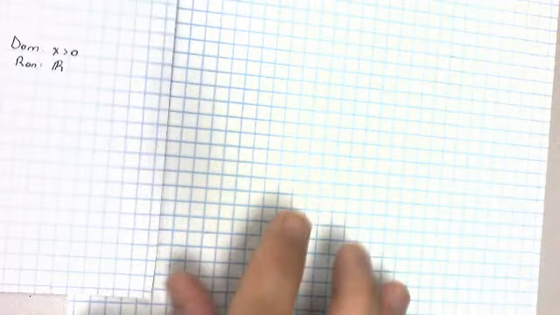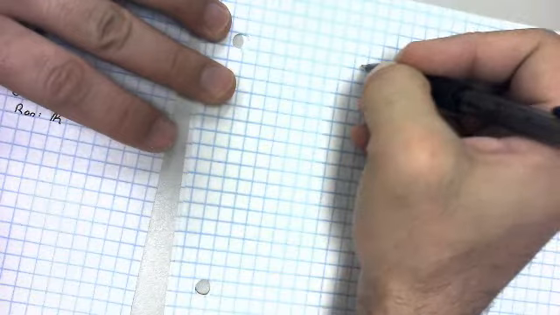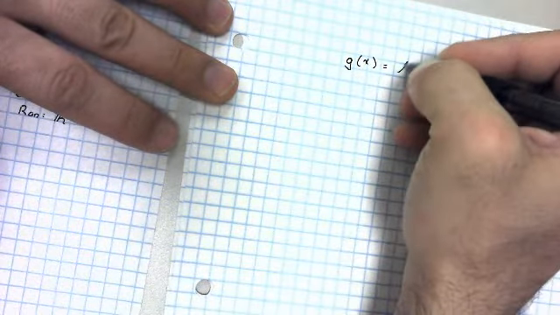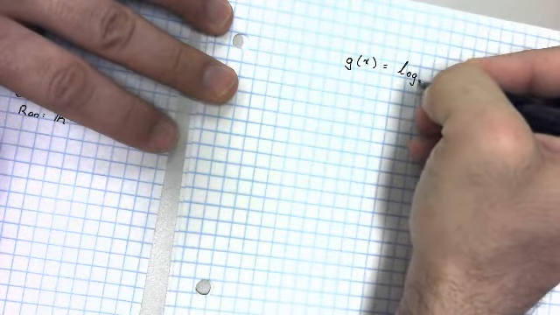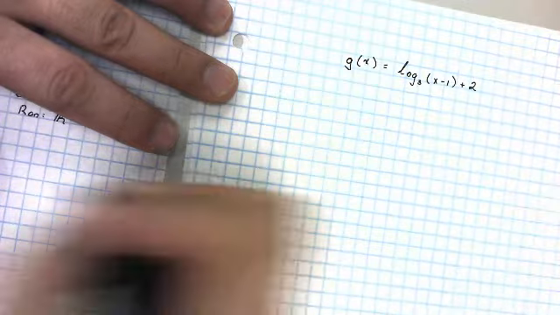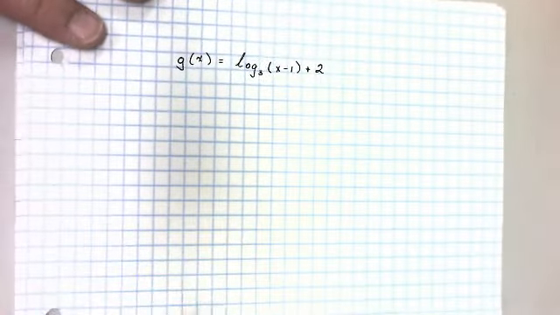So let's go ahead and move in the direction of what I intended to do from the get-go. Let's go with g of x equals log base 3 of x minus 1, plus 2. In order to graph this function, I'm going to make 3 tables.